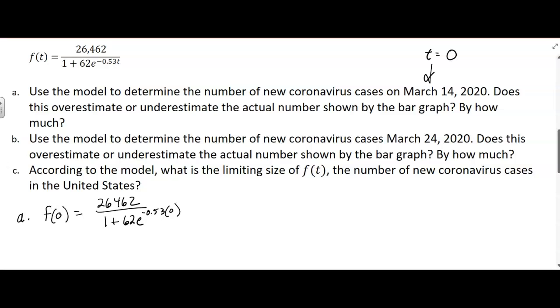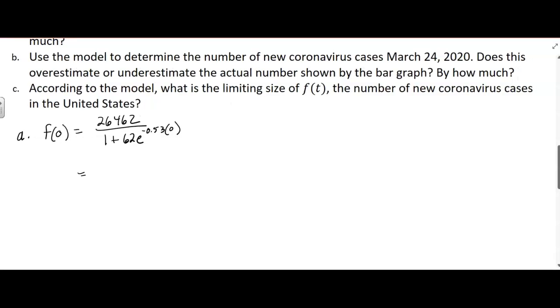Anything times 0 is 0, so I have 1 plus 62 e to the 0. But e to the 0 is just 1. So now I have 26,462 divided by 63. I'm going to put this in my calculator and round to the nearest case.